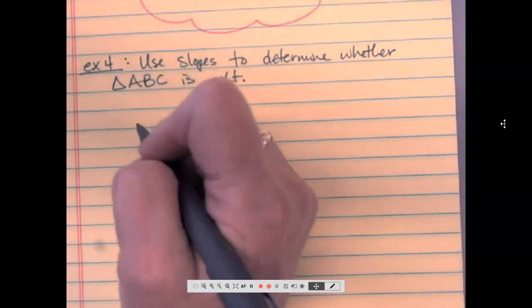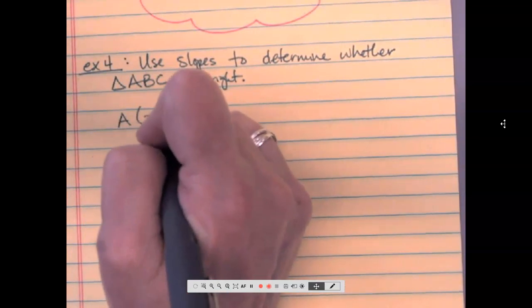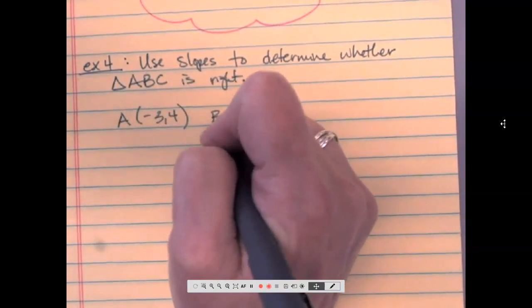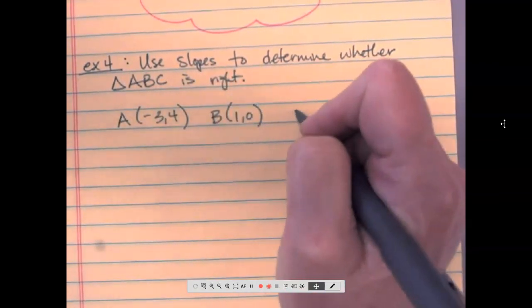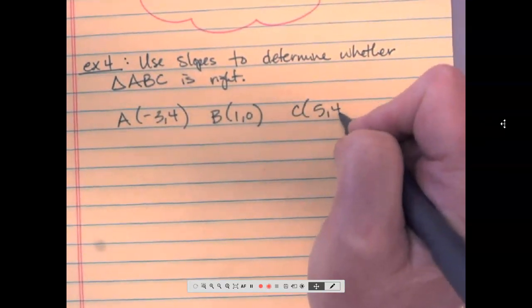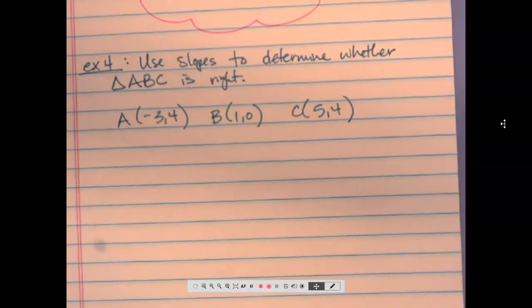Okay, and A, B, and C are exactly what they were before. Okay, so spoiler alert, the answer is going to be yes, because we already did this. But we proved that it was a right triangle using distances, which led to using the Pythagorean theorem. Okay, so now we're going to do the same problem but using slopes.